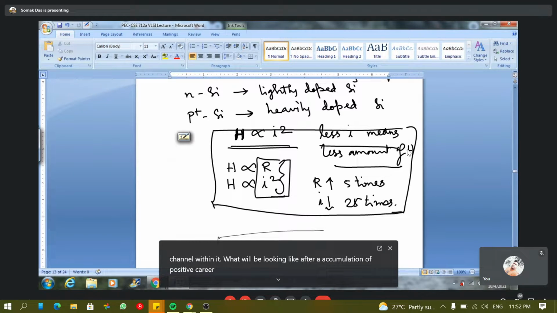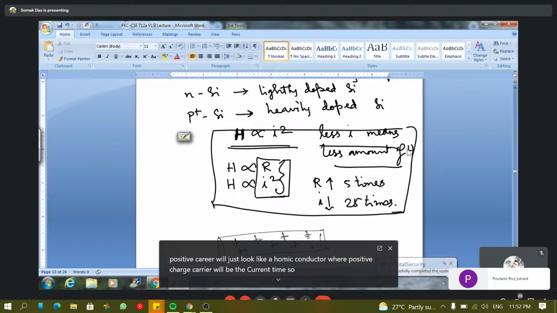It will just look like an ohmic conductor where positive charge carriers will be the current-carrying particles. So it will act as an ohmic conductor.